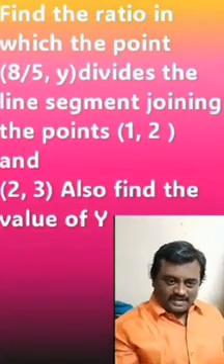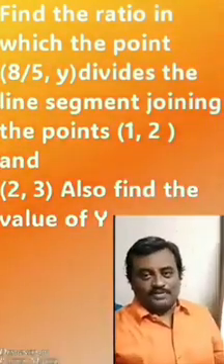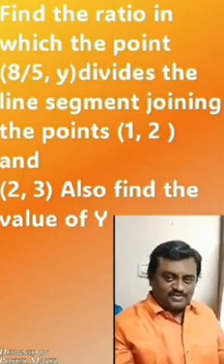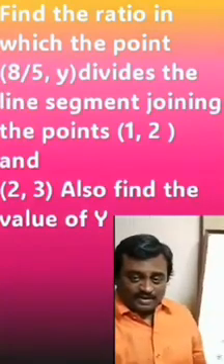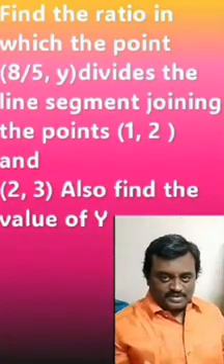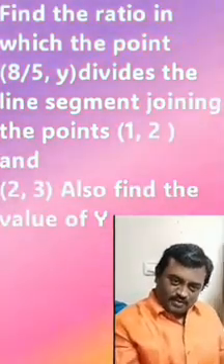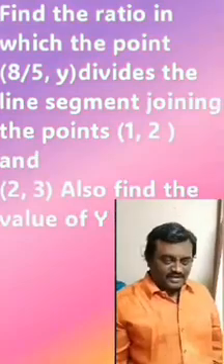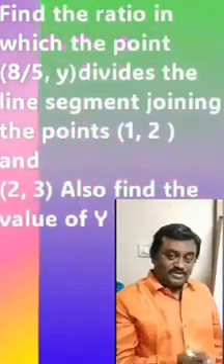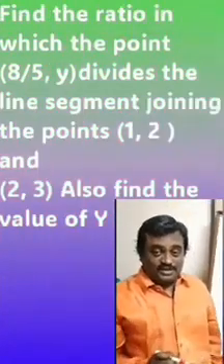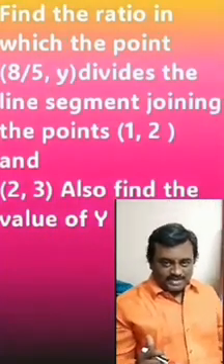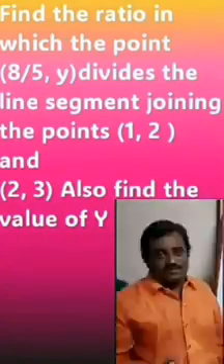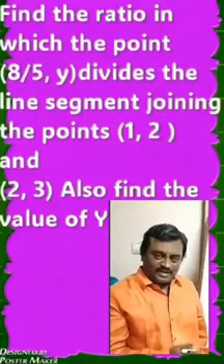Now, the first question is: what is the ratio in which the point (8/5, y) divides the line segment joining the points (1, 2) and (2, 3), and also find the value of y. Here two questions are asked.